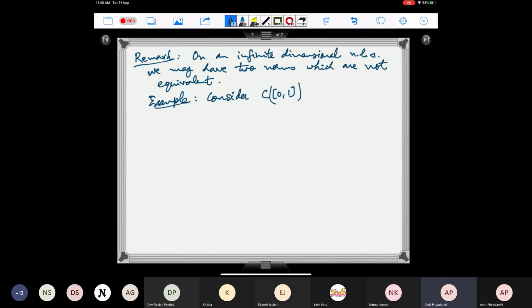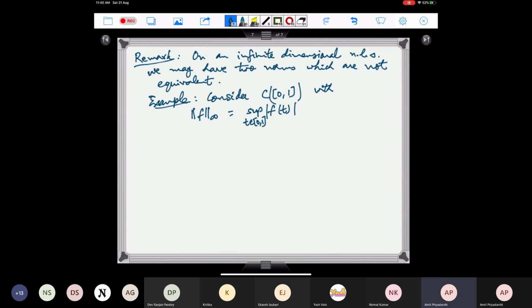So here we have seen two norms. We have seen a norm which we denoted by the infinity norm, which is defined as the supremum of mod f(t), t belonging to [0,1]. In this case, the supremum is actually the maximum. So this is one norm.